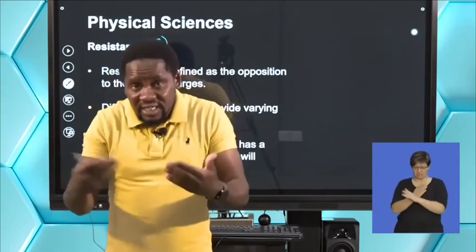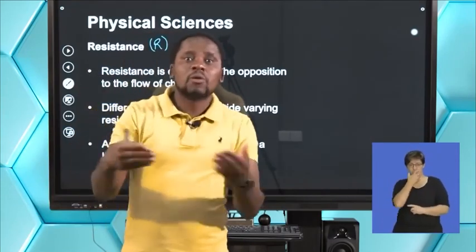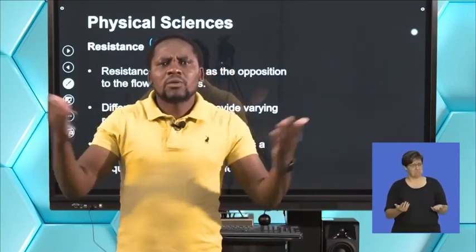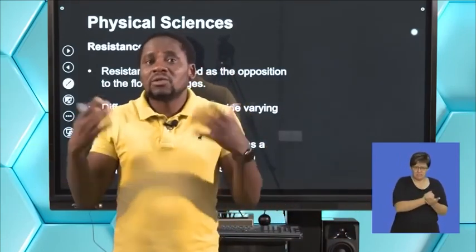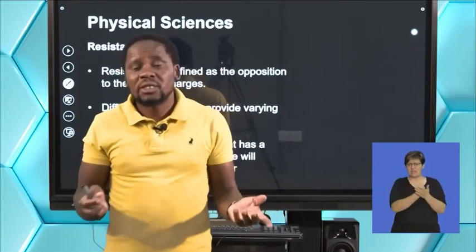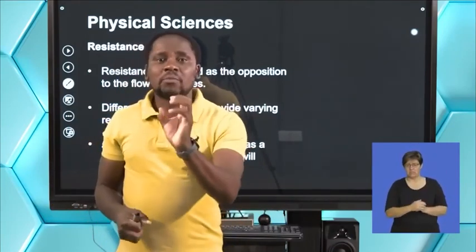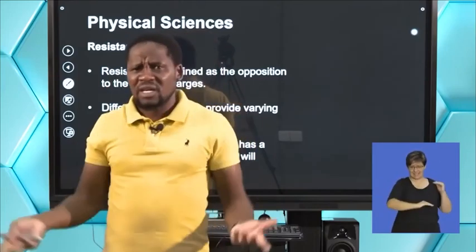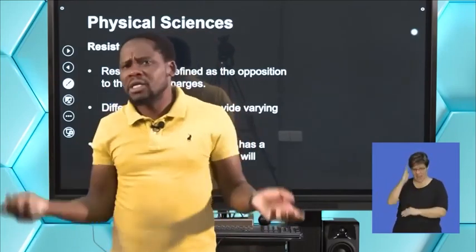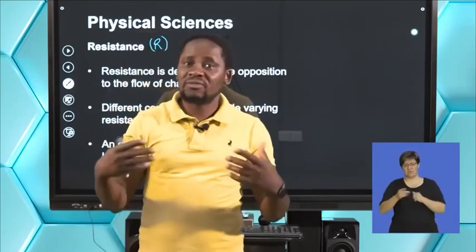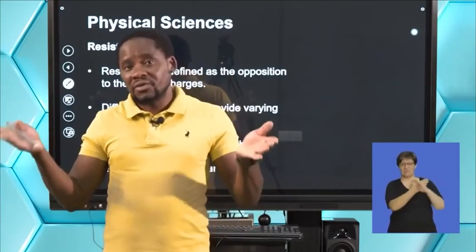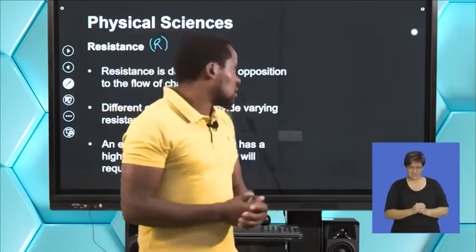Hence, there is greater resistance for a heating component than a lighting component. In terms of energy saving and consumption at home, a light bulb consumes less than, for example, a kettle. This is what we mean when we say different components, devices or appliances offer varying amounts of resistance in an electrical circuit.